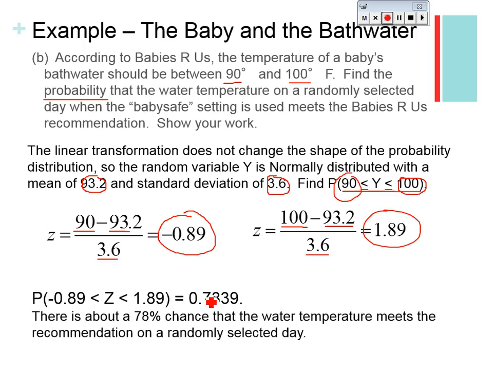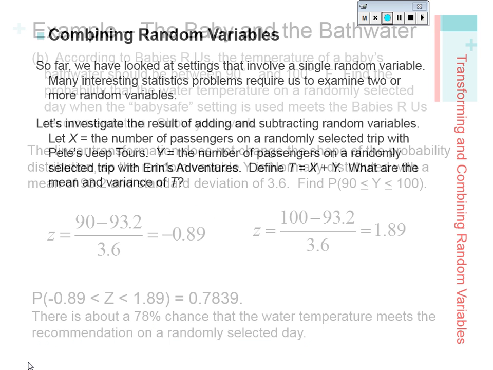Then for the probability, if we did the normal CDF from negative 0.89 to 1.89, we would get roughly 0.7839, which basically means we have a 78% chance that the water temperature meets the recommendation on a randomly selected day. So that's some different things involved with what are called linear transformations.